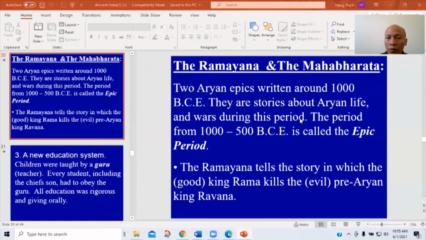That's why 1000 to 500 BC is called the epic period. The Ramayana tells the story of a good king, Rama, who killed the evil king of the Aryans, Ravana.